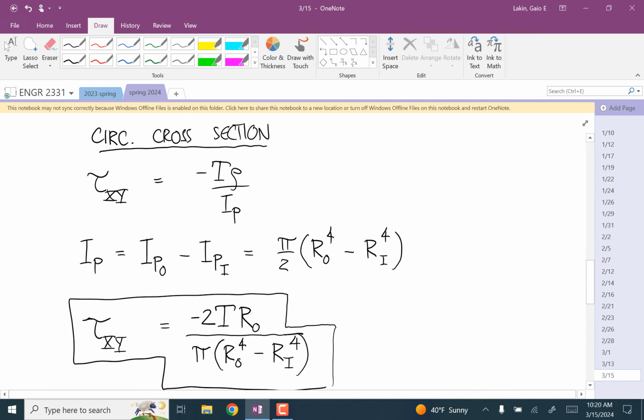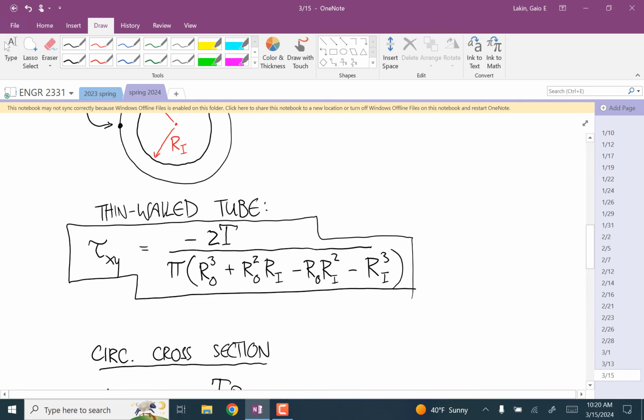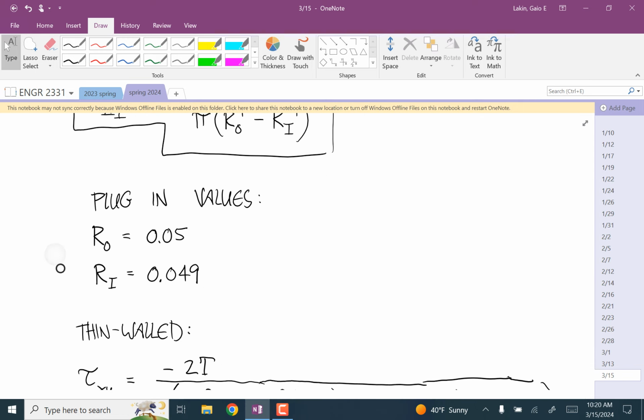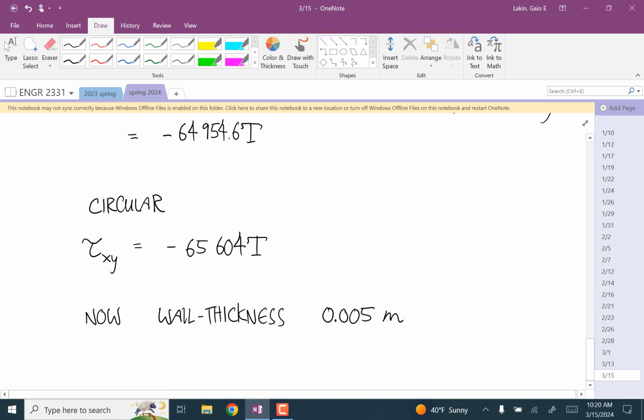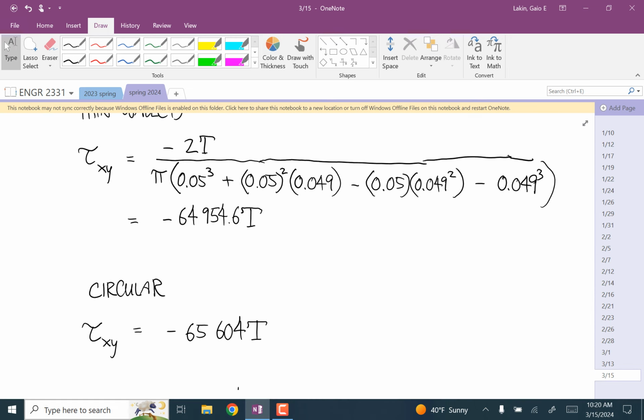I can tell you what it would be at the inner wall: if you use the circular calculation and calculated the stress at the inner wall, it would be 64,291.